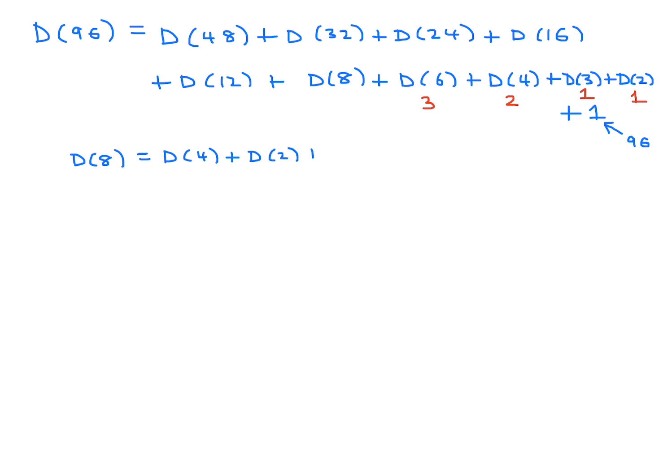D4 plus D2 plus 1. Remember, you have to put the 1 at the end. Don't forget that. So this is going to be just 2 plus 1 plus 1. And that is 4. So D8, put a 4 there.